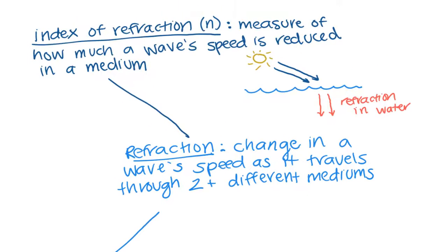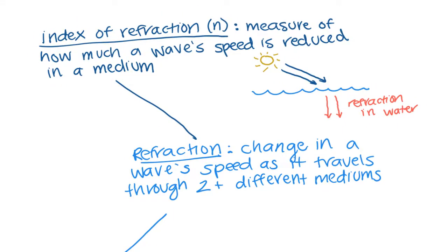Another cool characteristic of light is something called refraction. Refraction is when there is a change in a wave's speed as it travels through two or more different types of mediums. We see this most often when we place an object in water. If you've ever placed a pencil in water, for example, here's another example of refraction. I'll draw a cup of water. That's not a very good cup.